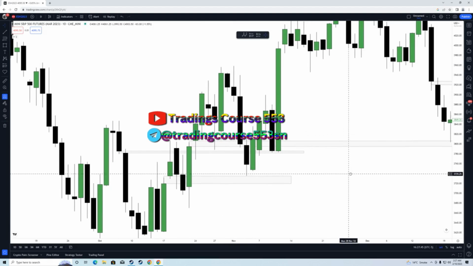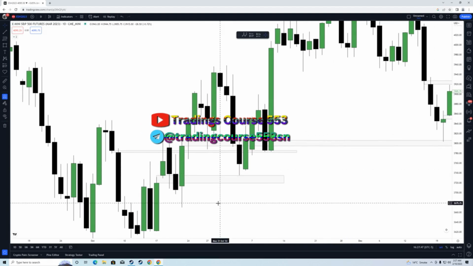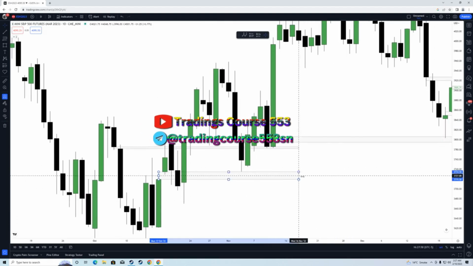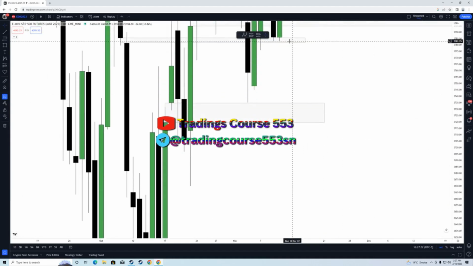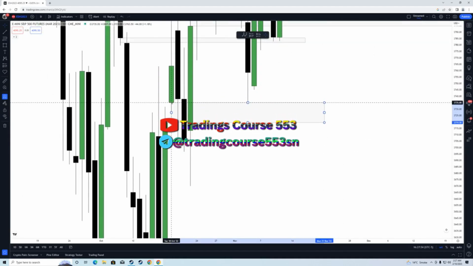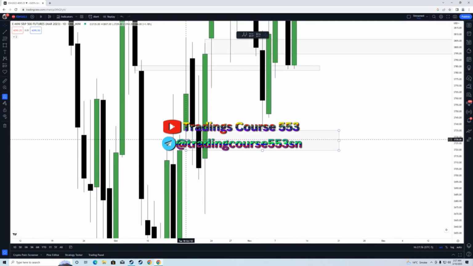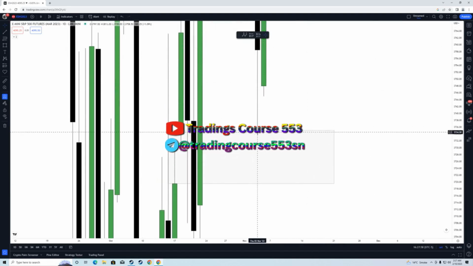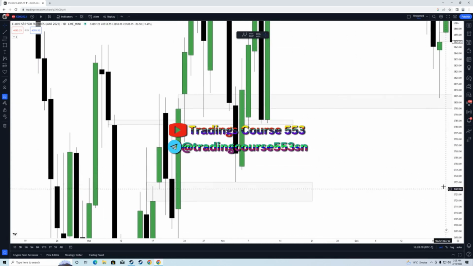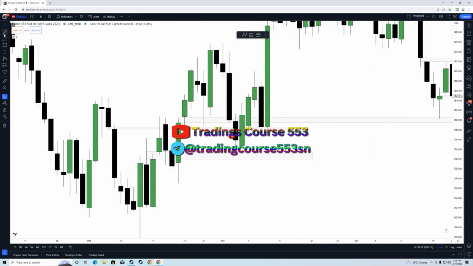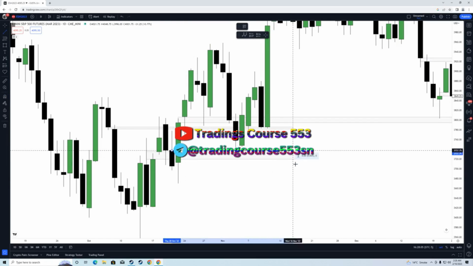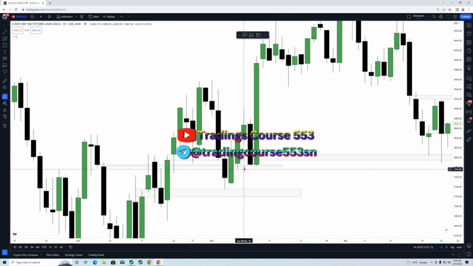Boom. And over here, you can see it didn't exactly tap into the volume imbalance, I believe. Okay, it did actually. So it came back again, tapped perfectly into this volume imbalance. Also considering the fact that we had order block here, so that is another confluence.